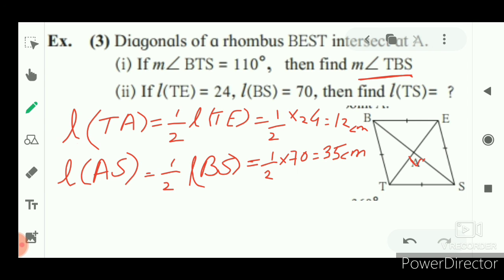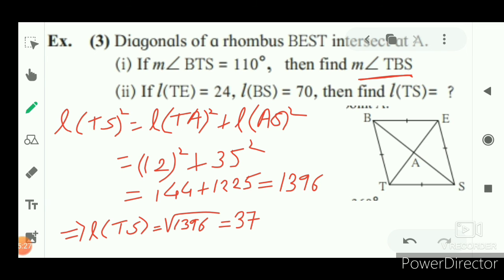By applying the Pythagoras theorem, we can find the value of TS, as it states that the hypotenuse square is equal to the square of one side plus the square of another side. So TS squared will be equal to TA squared plus AS squared.